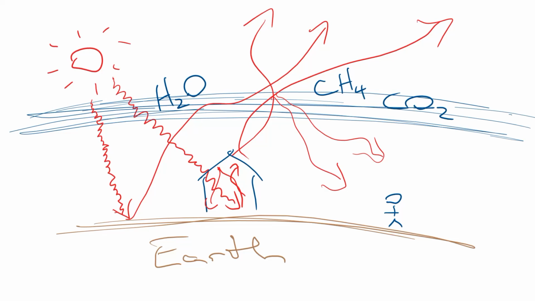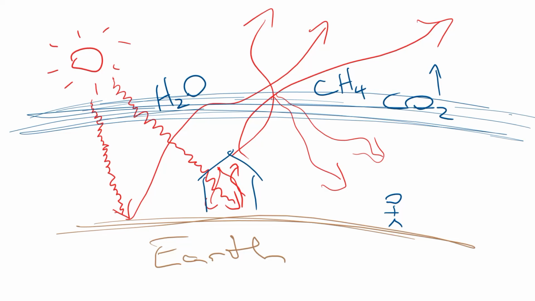So as we build up the greenhouse gases, and of course what we're doing is building up the CO2, we're getting lots and lots more of that, then it's harder and harder for that infrared radiation, that heat that was re-radiated from the Earth, to escape from the Earth. So what we have now is less energy being re-radiated back out to space than was incoming from the sun.